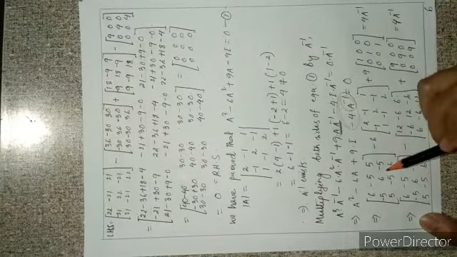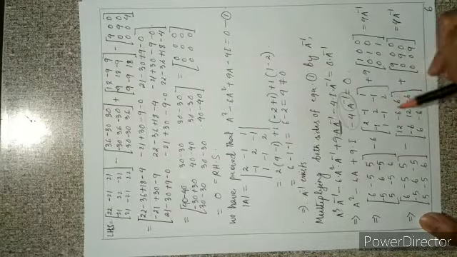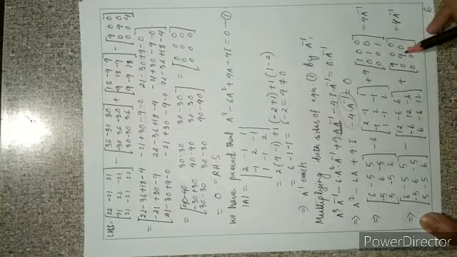Here we have A square. Then 6 times A means all the elements of A multiplied by 6, and 9I.